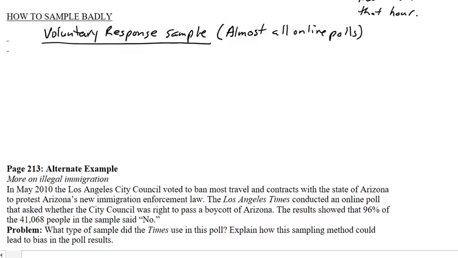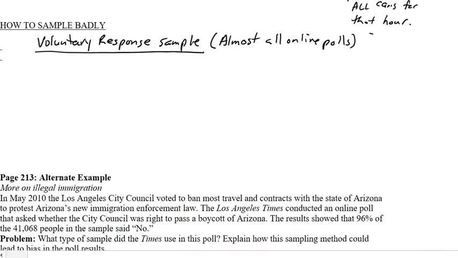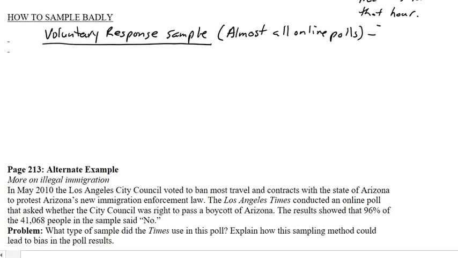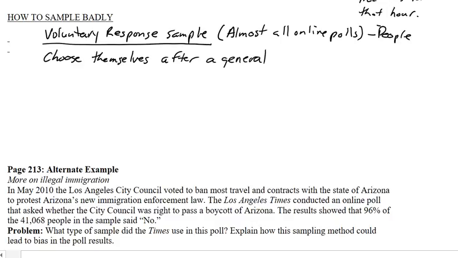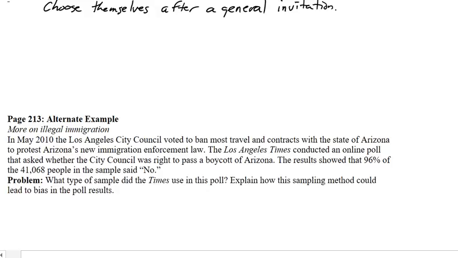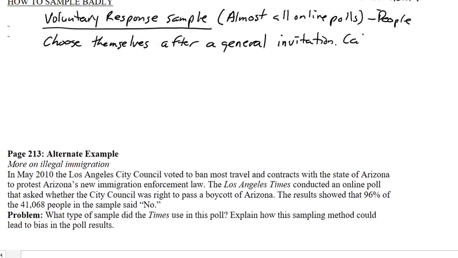Okay, and it's a voluntary response sample if people choose themselves after a general invitation. Now, another example of this is if you've heard of people on the radio asking questions and they have call-in. People call in and give their opinion.